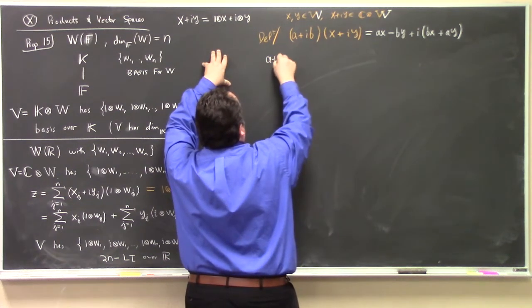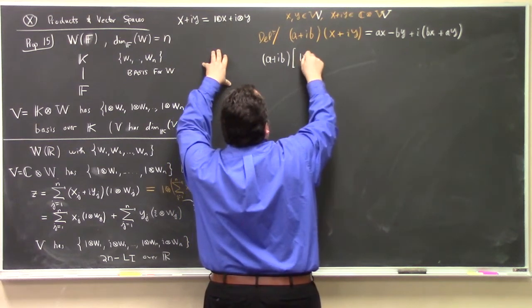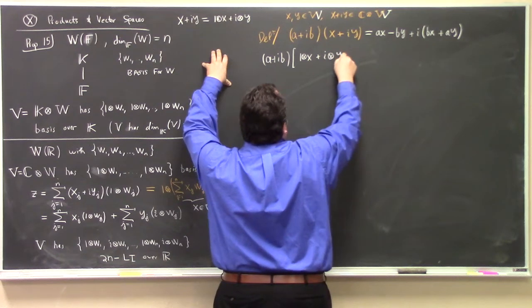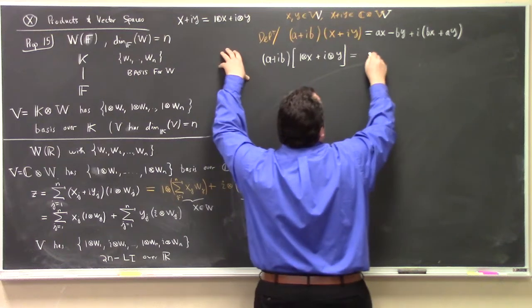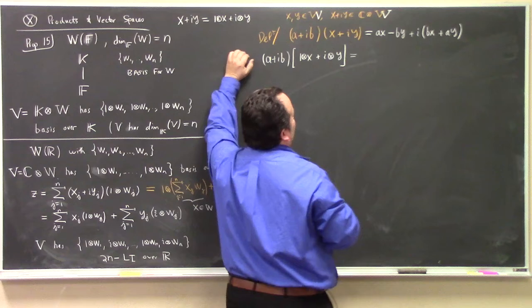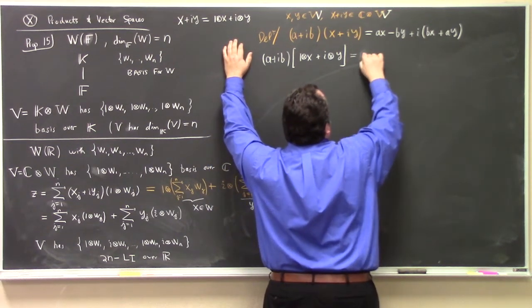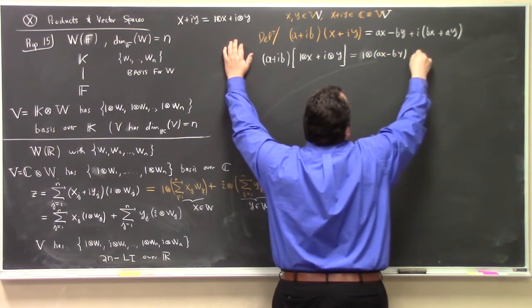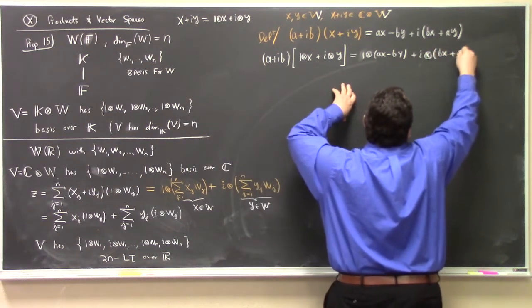So if I have a plus ib, and I'm multiplying it by 1 tensor x plus i tensor y, my rule is this: 1 tensor ax minus by plus i tensor bx plus ay.